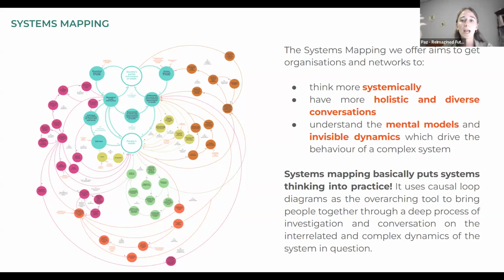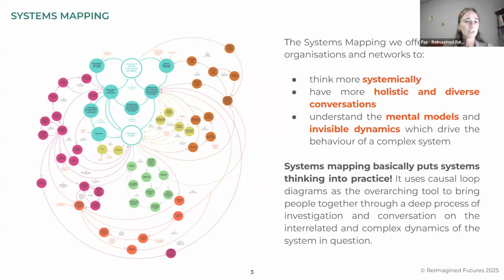And as we like to say, systems mapping is basically putting systems thinking into practice. So this is a very powerful tool to bring together different stakeholders, diverse voices, and converse about the complex dynamics that drive a system to behave the way it behaves.